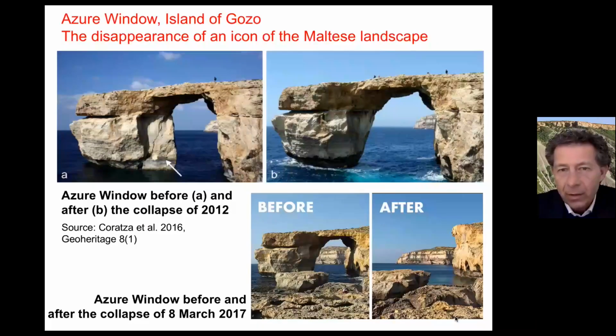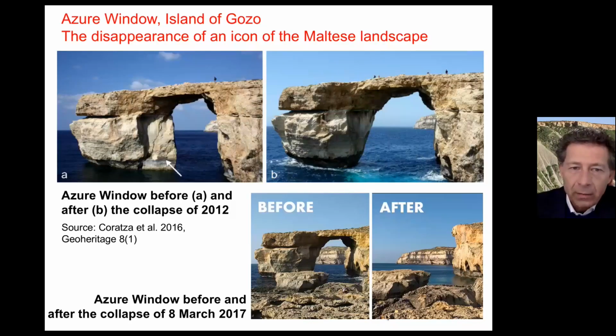Sometimes collapses along the coast may also endanger geoheritage, and this is the case of the disappearance of an icon of the Maltese landscape, the so-called Azure Window. This is an arch that has been considered the most iconic location in Malta, and that was used by tourist dealers in Malta as a symbol of the islands.